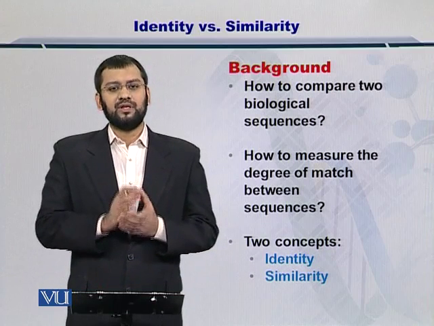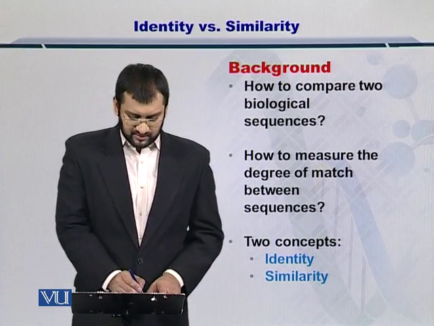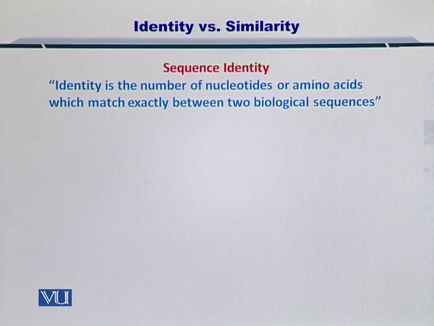Towards that, we need to know what is similarity and what is identity. To begin with, I'll talk about identity, or sequence identity as it is called. Sequence identity is the number of nucleotides in case of DNA or RNA, or amino acids in case of proteins, which may match exactly between two sequences.